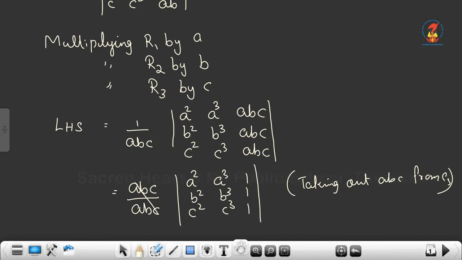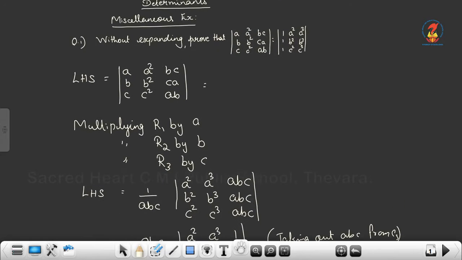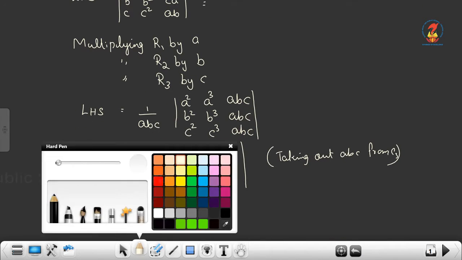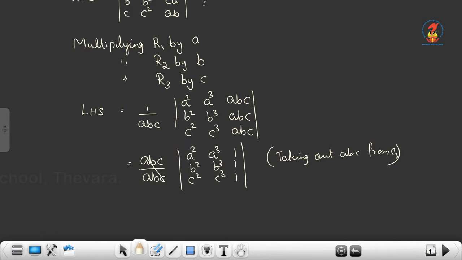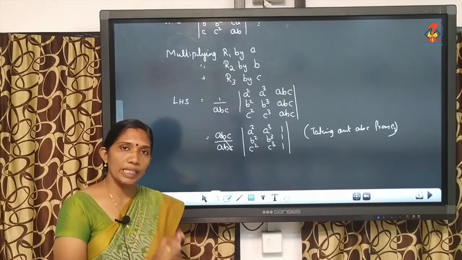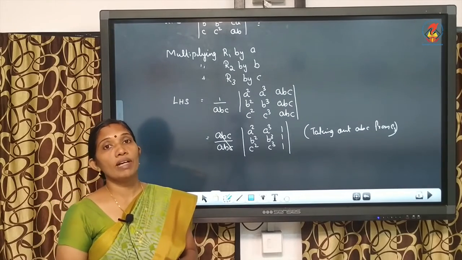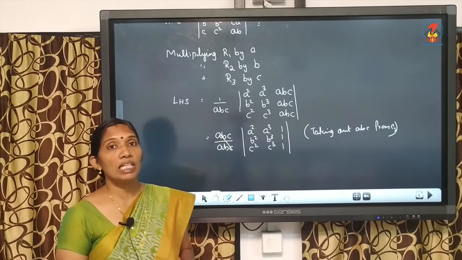Now check the answer. In the answer, 1 1 1 is in the first column, a square b square c square in the second column, and the last column has cubes. But here the order is not like that. So we need 1 1 1 in the first column, so we have to interchange. When we interchange two rows or two columns, the sign of the determinant will change.